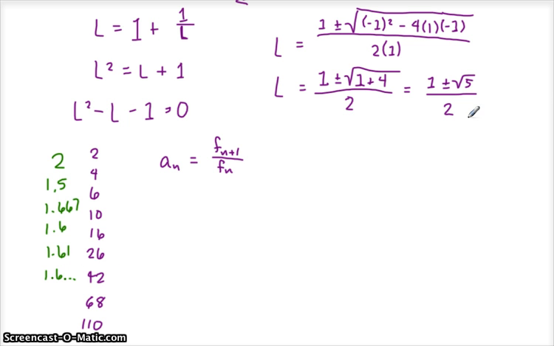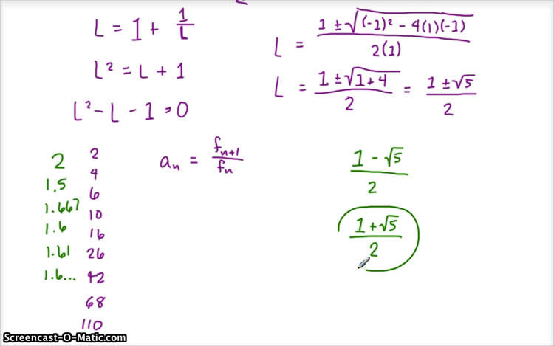And as a result, if we check the value that we'd have from 1 minus the square root of 5 divided by 2, and then compare that to 1 plus the square root of 5 divided by 2, we'll find that of these two options, we actually want the second one.